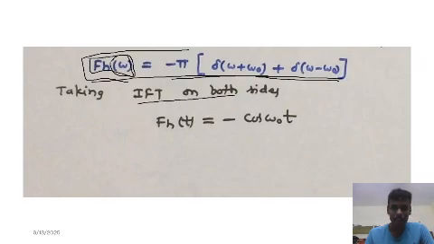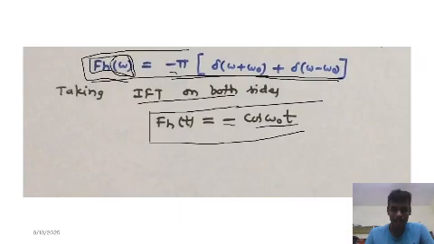So when we apply the inverse, it will become cos omega naught t, and since there is a minus, we add this minus. So finally, f_h of t, that is the Hilbert transform of sin omega naught t, is minus cos omega naught t.